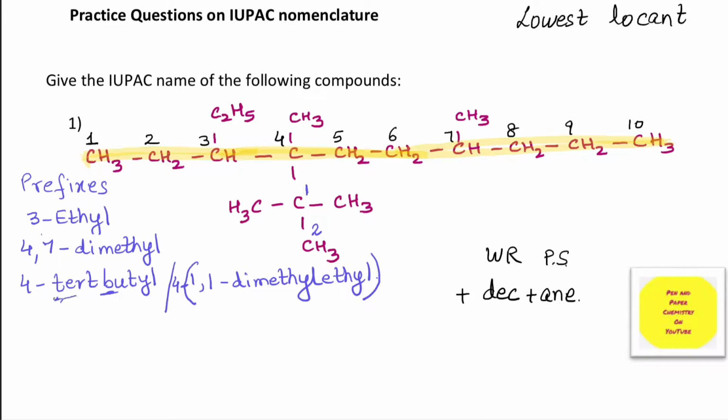Otherwise, we ignore terms like neo, secondary, tertiary; these are not considered for the alphabet. Now see the first alphabet of all of them. So I've got here dimethyl, I've got E for ethyl, and here again I've got dimethylethyl, or you can say tertiary butyl. And I'm going to club this with the word root. So let me name it now.